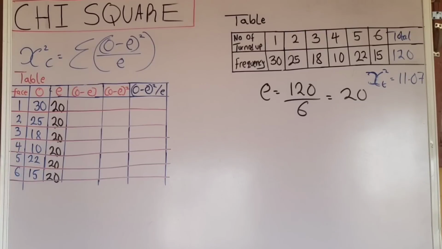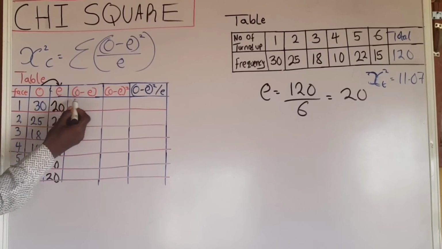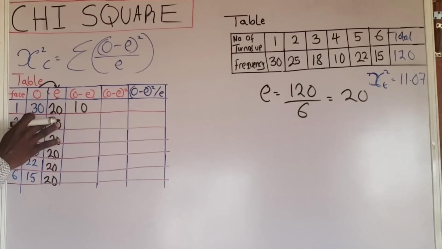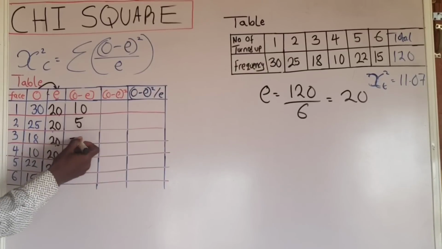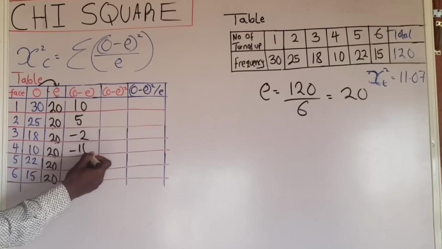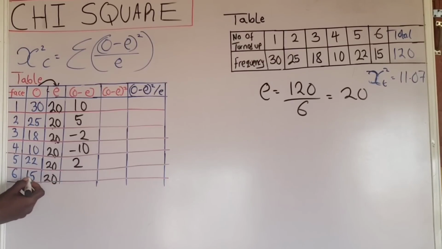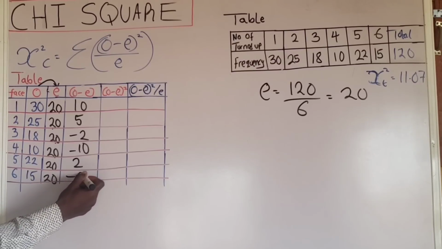For this I'm going to have 30 minus 20, that is 10. 25 minus 20, that is 5. 18 minus 20, that is negative 2. 10 minus 20, that is negative 10. 22 minus 20, that is 2. 15 minus 20, that is negative 5.